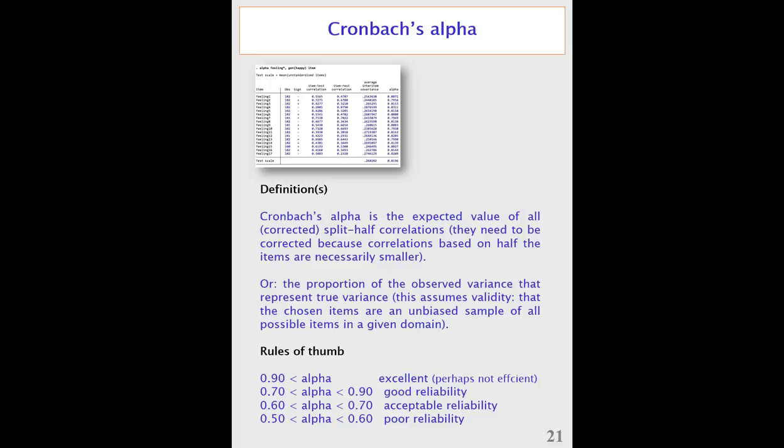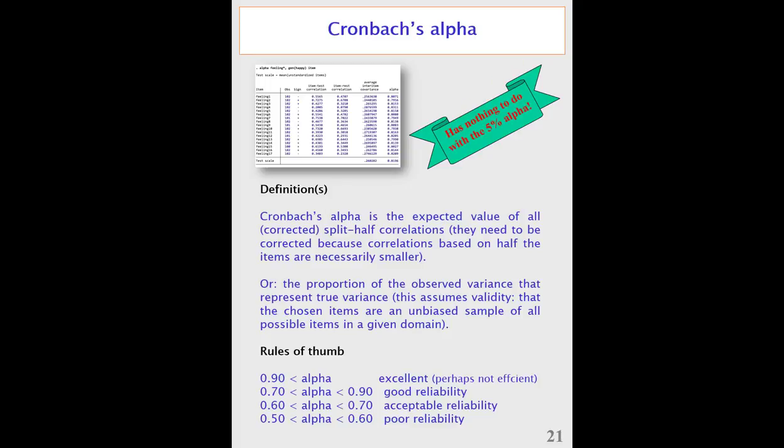And over 0.90 you could argue this is of course excellent, but perhaps you could have done just as well with a couple of items less. Because if they are so high, then instead of the 17 that you have used, perhaps using 10 would have been enough. There's a trade-off between having a decent scale score and some efficiency, of course.